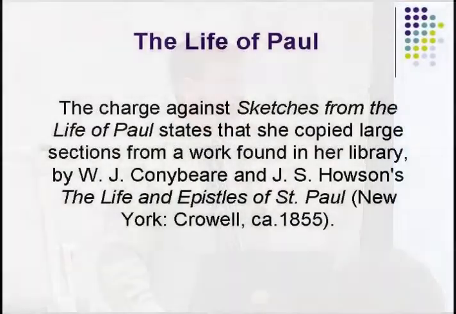These are the writings that she wrote on Paul himself. Of course, she did write articles in the magazines, in the journals, but here in the book forms, here's what we have. Let me concentrate on the one before the last, Sketches from the Life of Paul.